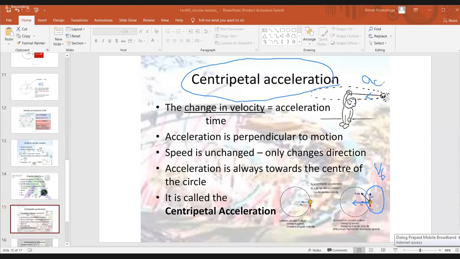And please remember one equation for this AC, which is V squared divided by R. Since V equals R omega, we can write R omega squared divided by R, which is R omega squared. So AC is equal to R omega squared.